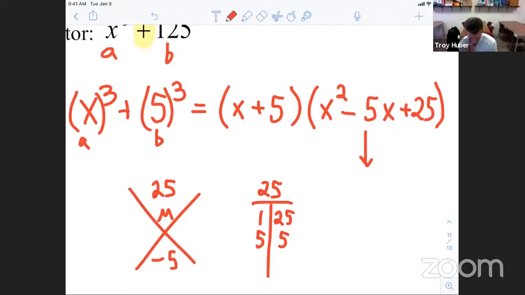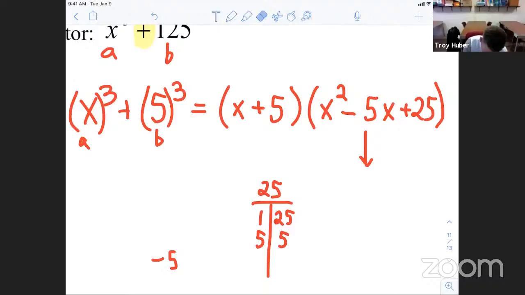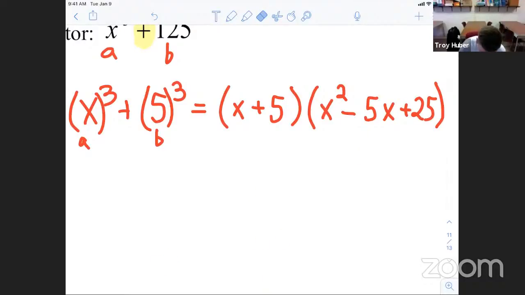I think that's as much as we're going to be able to factor that one there. So we can just leave our answer just like this here.